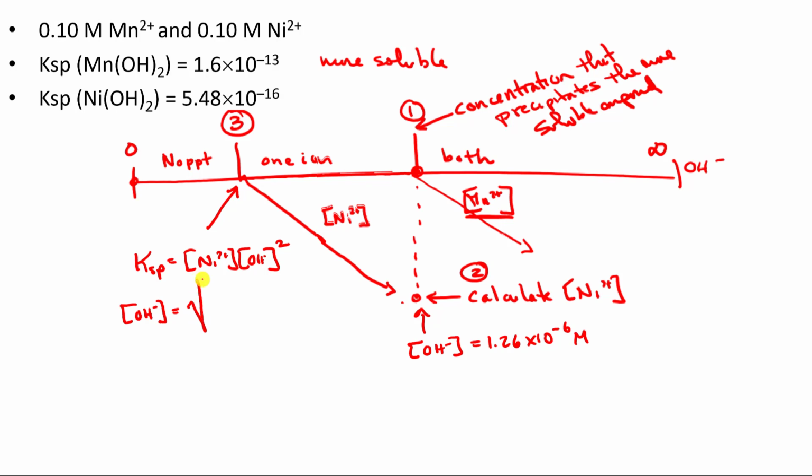So by analogy, that would be this, and that's for nickel: 5.48 times 10 to the minus 16 divided by 0.1, that whole quantity, the square root of that.